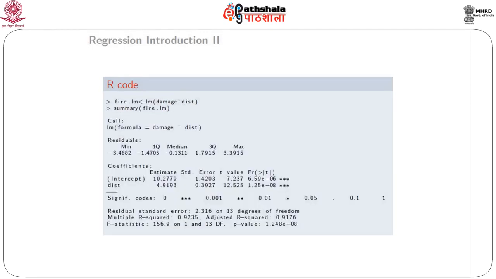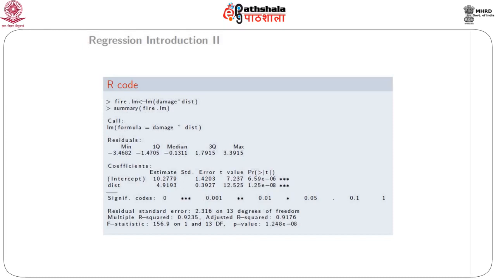And now we have seen the use of the lm function in R before, so I will just go ahead and explain the output that I have obtained by fitting this linear regression model to the data set fire using the lm function. So, when I call the summary of fire.lm, which is the lm object that we have fitted, the output gives me the estimates of the parameters, their corresponding standard errors and p-values.